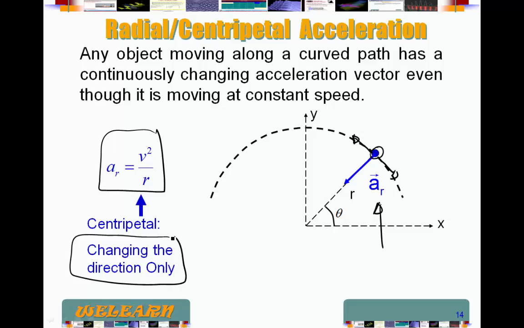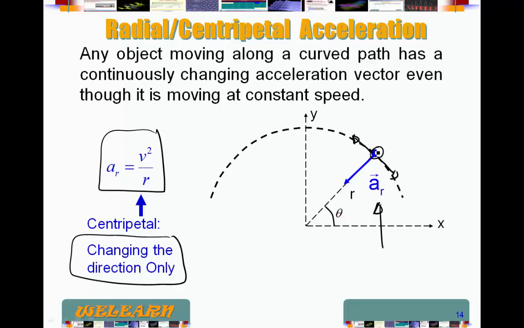One might ask, what if my object here, instead of moving at a constant speed in that circle, is speeding up or slowing down? What we need to remember here, if it's going to do that, is that we are going to have different accelerations contributing differently.